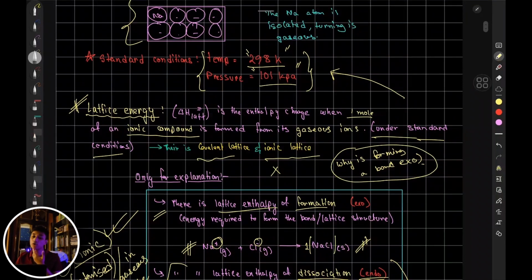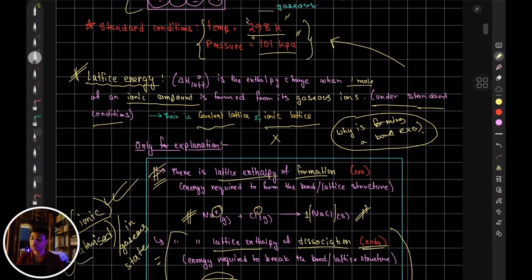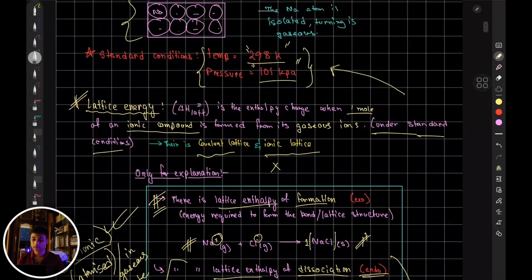So lattice energy by definition talks about forming of the lattice structure, which is why by definition it's an exothermic process. So when you're supposed to define lattice energy, what do you write?